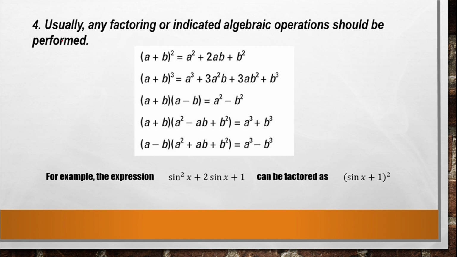For example, the expression sine squared x plus 2 sine x plus 1, we could factor as sine x plus 1 quantity squared. So take note of that, because these algebraic identities are very useful in verifying trigonometric identities.